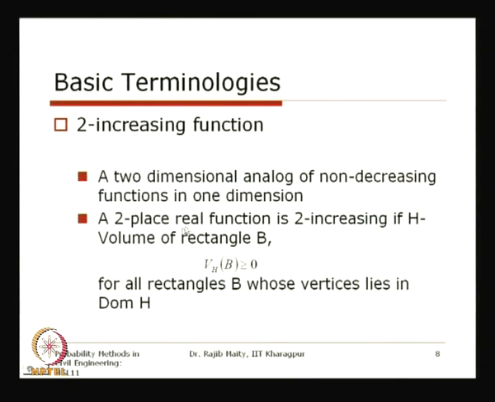One is the H volume of the rectangle B. First of all we have to know which rectangle we are talking about, and if we know the rectangle, what does this H volume mean.